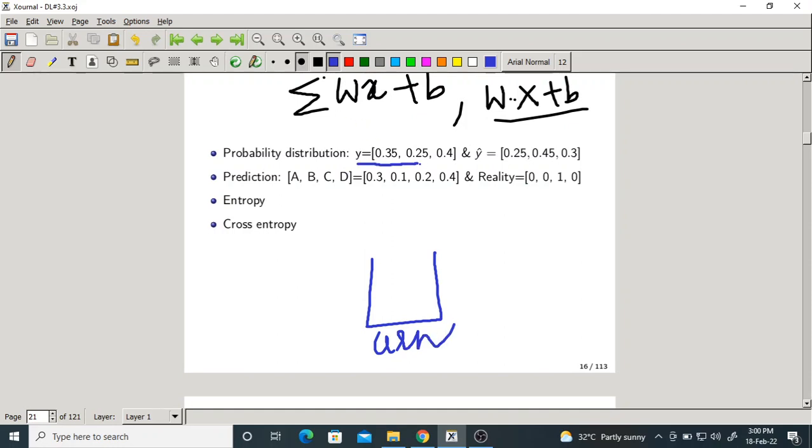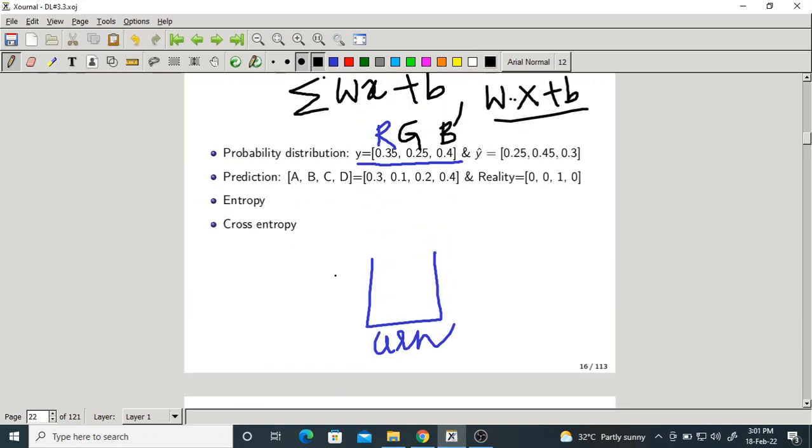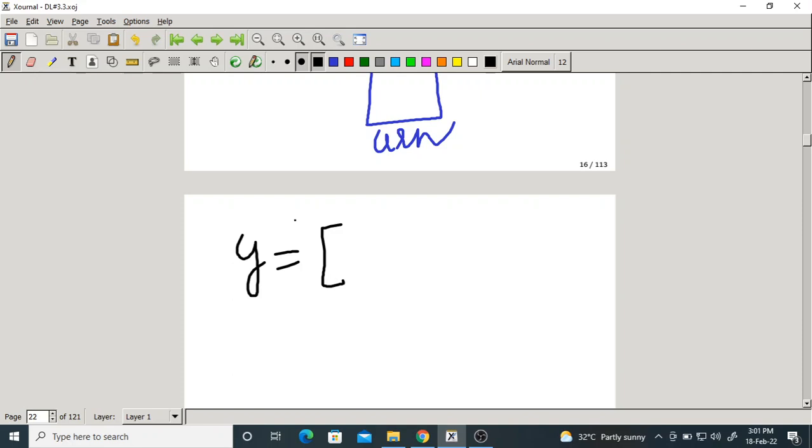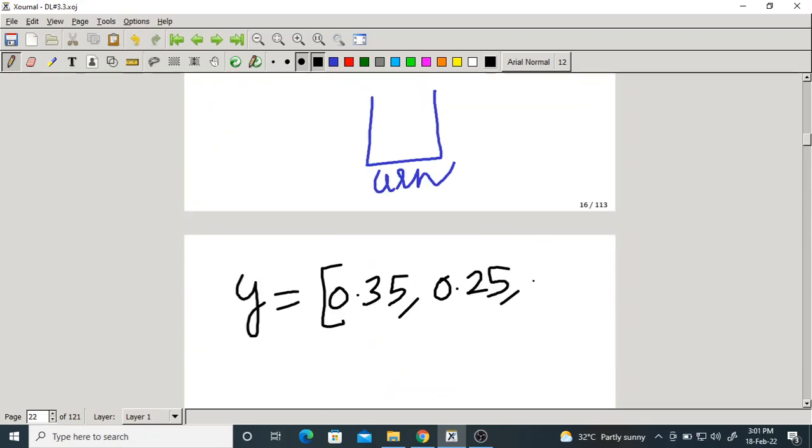These are the probability distributions of choosing the red ball, green ball and blue ball. These are the actual distributions: 0.35, 0.25, and obviously the remaining should be 0.4 because the sum should be 1.